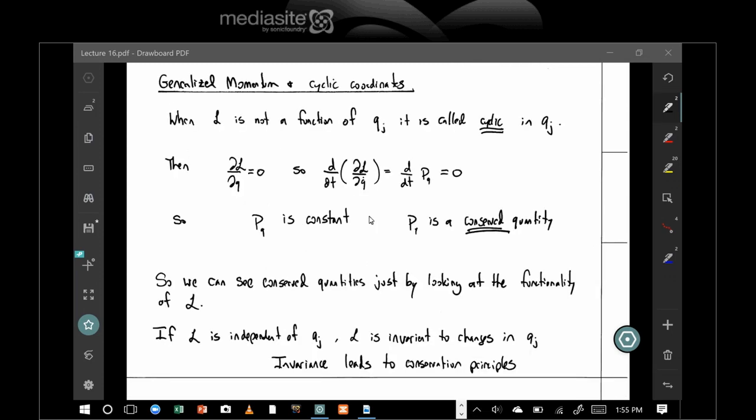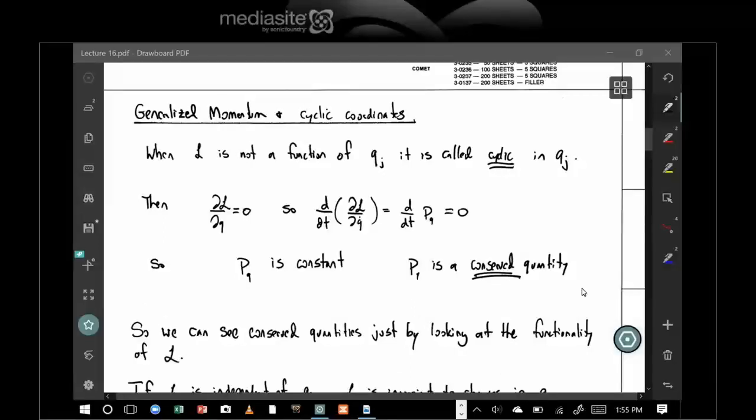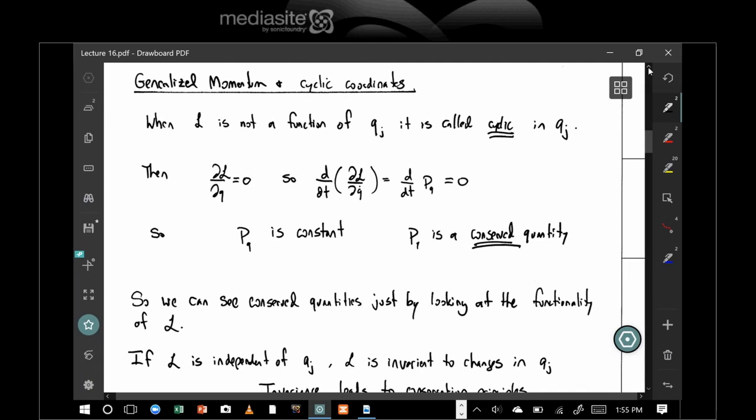The final thing I want to talk about is this idea of a cyclic coordinate. Notice that the Lagrangian is, in general, a function of q, q dot, and t. For conservative systems, L is just a function of q and q dot.